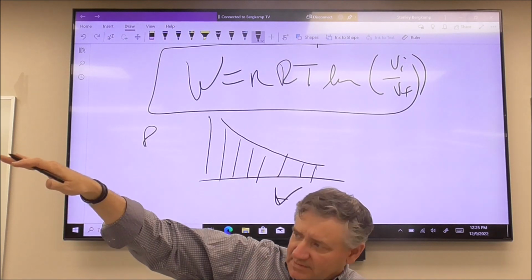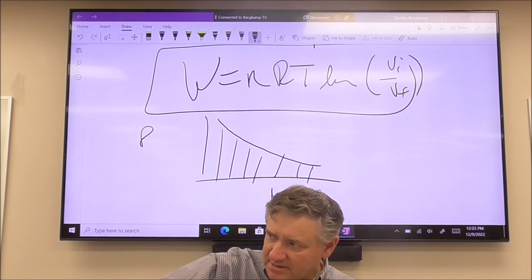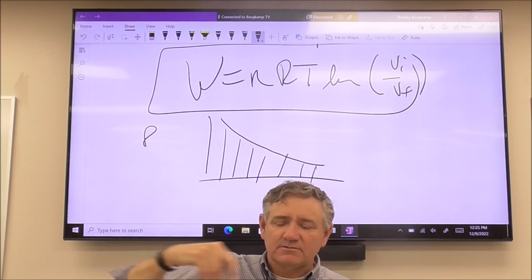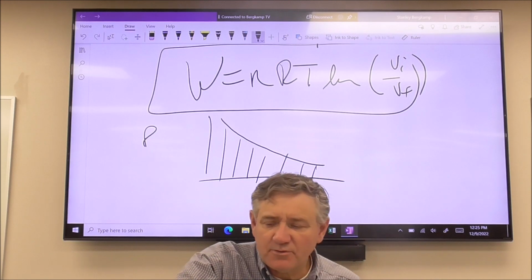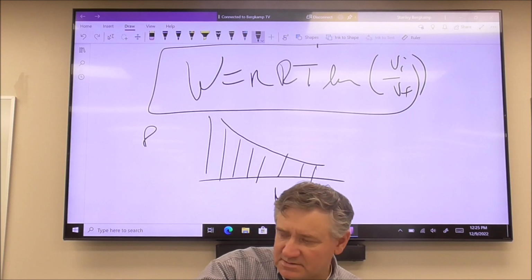Well, this is a curved line. And the only way you can find the area underneath a curved line is to use calculus, because you have infinitely many smaller rectangles. So this equation comes from calculus. Don't worry about where it comes from. You just have to know how to use it.